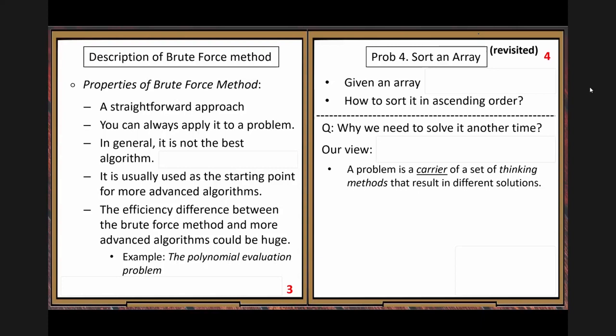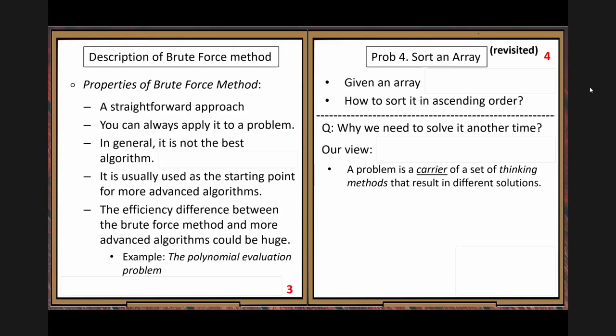The value: why do we use so many different ways to solve one same problem? Because we value those problem-solving thinking methods. They are valuable, because they could be used to solve various other computing problems.